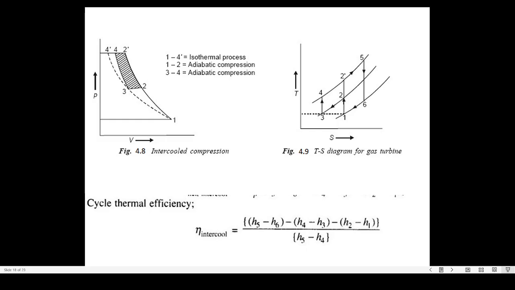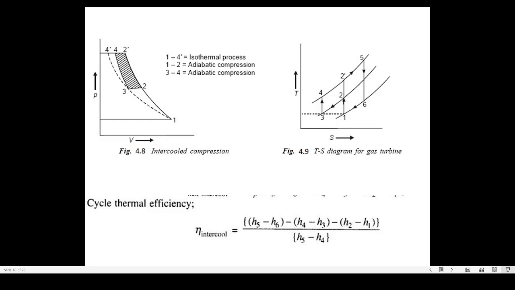If I want to express the equation for the thermal efficiency of the cycle with the intercooling arrangement, the numerator essentially is nothing but the net work from the cycle, and the denominator is nothing but the heat input, that is, the heat supplied at constant pressure. So for the numerator, we see H5 minus H6. 5-6 is the expansion process, isn't it?